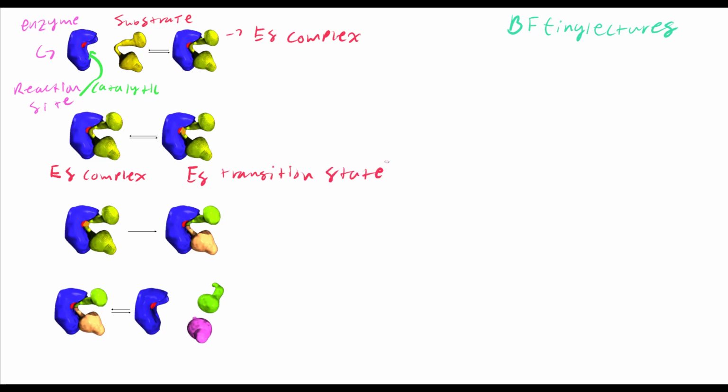Why can't we say that the ES complex is just the ES transition state? No. In textbooks, you'll actually see this formula, right? So the ES complex does not equal the ES transition state. ES asterisk just means transition state, okay? And that does not equal the ES complex.